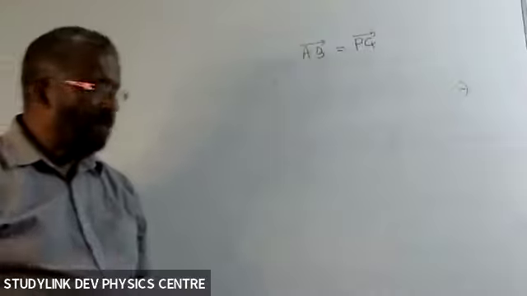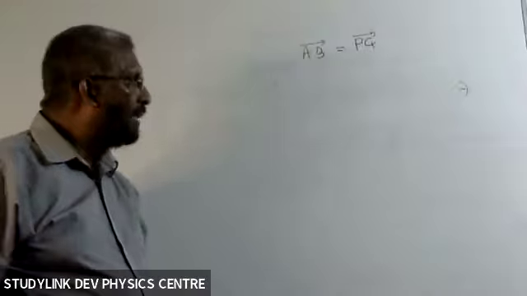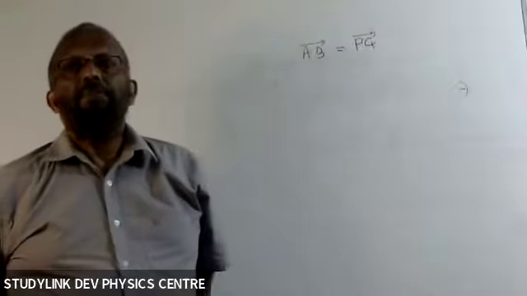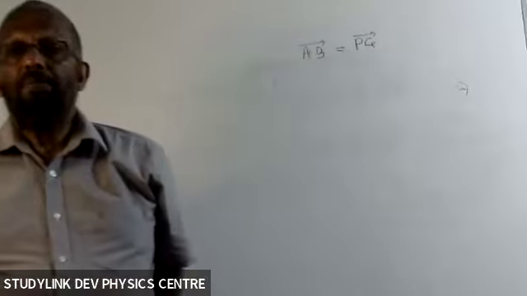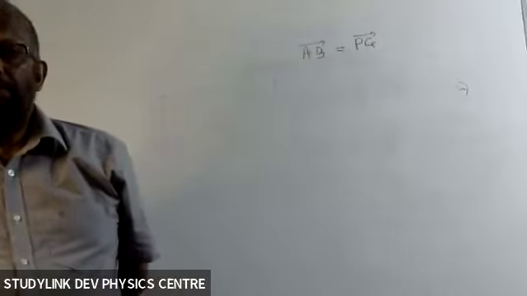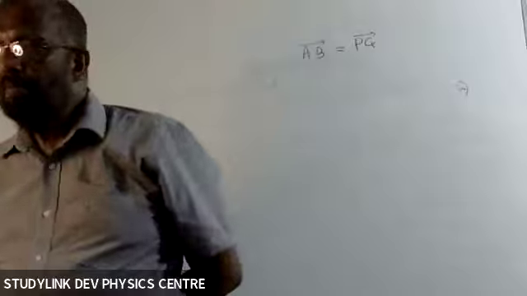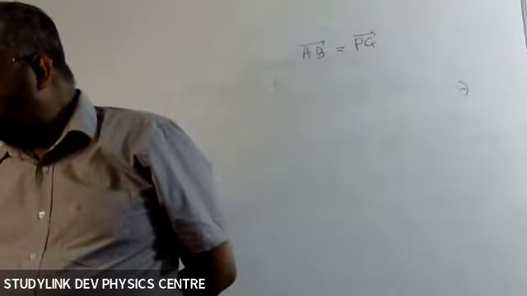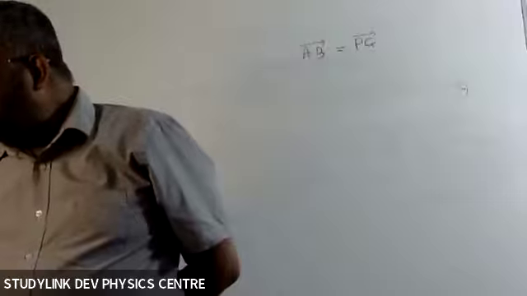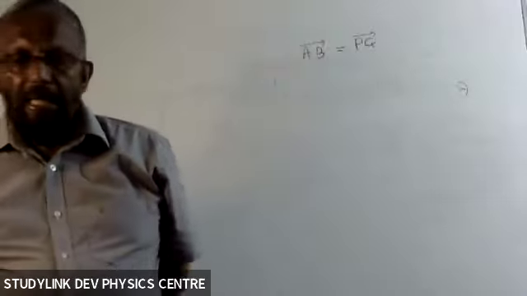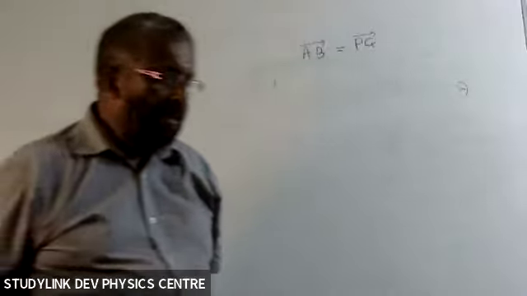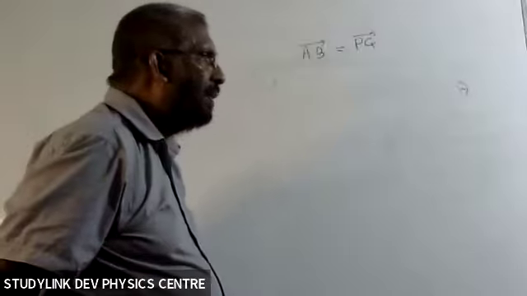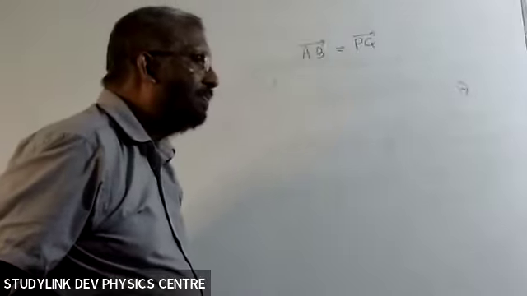Then write first: magnitude of a vector is its value.